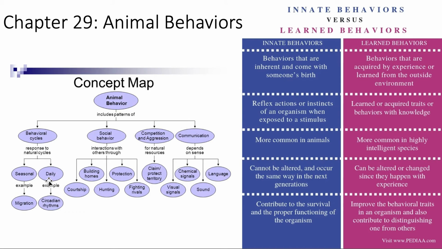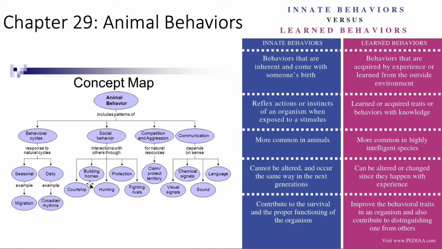Also, you see this a lot with migration and seasons. Birds and other animals are going to migrate to warmer weather in the winter where it's less harsh on them, so that way they can survive more, or reproduce at a certain time, or eat at a certain time. But that's pretty much what's going to happen.